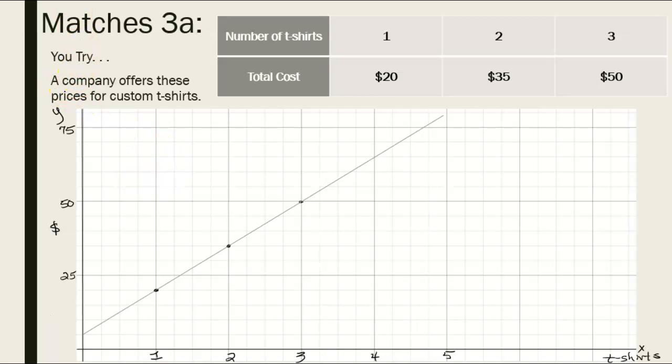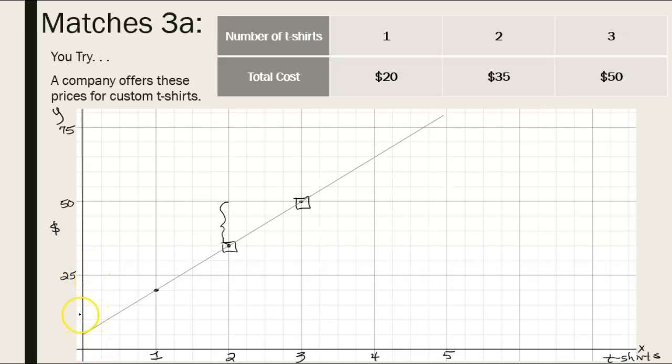This one is going to be a little bit easier to just count our rise. Remember, we were counting by 5s, right? So I'm going to go from this point to this point. You don't have to. You could go from this point to this point, or this point to this point, whatever you want to do. You could even start over here at the y-intercept if you wanted to. But this just happens to be what I chose. So my rise, remember, I'm going up by 5s.